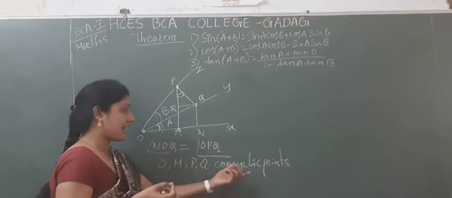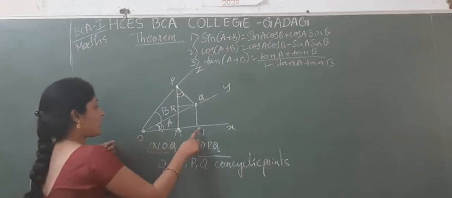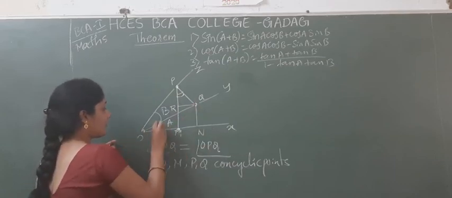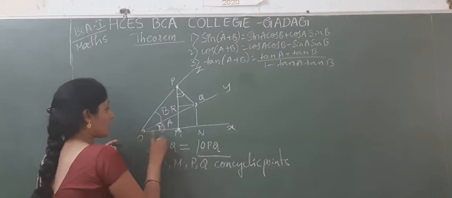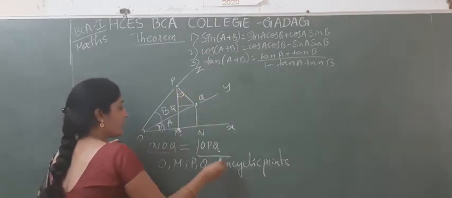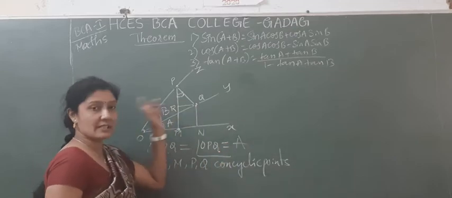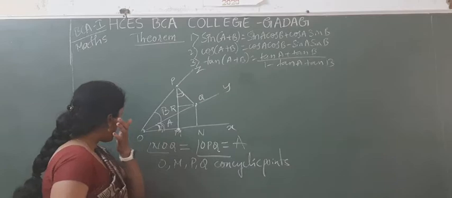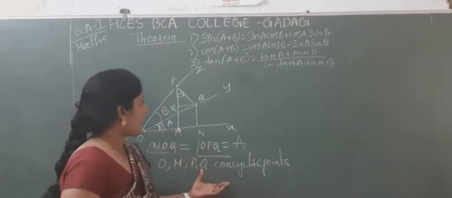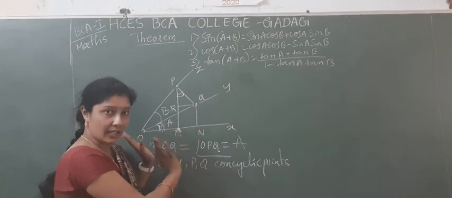Therefore, they are concyclic. Hence angle NOQ is equal to OPQ, which is nothing but A. Because this is A, we can say this is also A. So this is the basic concept regarding the diagram.